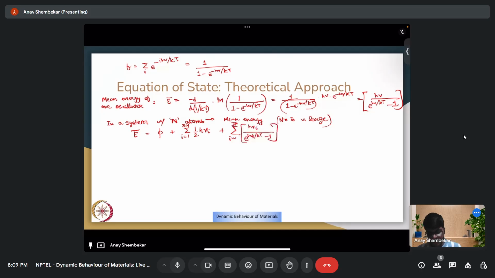So this is the mean energy with its associated frequency, ground state, and the potential energy term. So this P is the potential energy term. And I'll now write down the Helmholtz free energy for one oscillator.